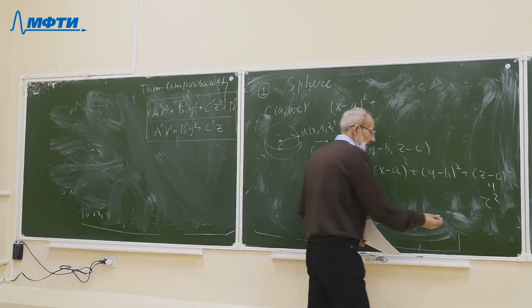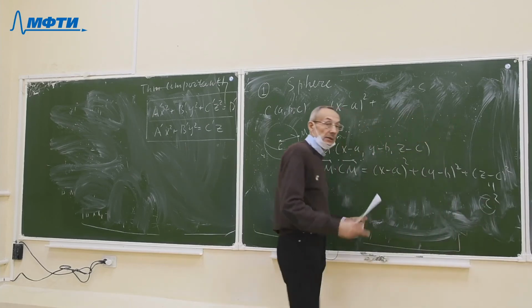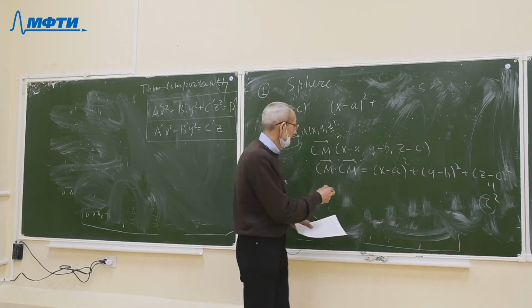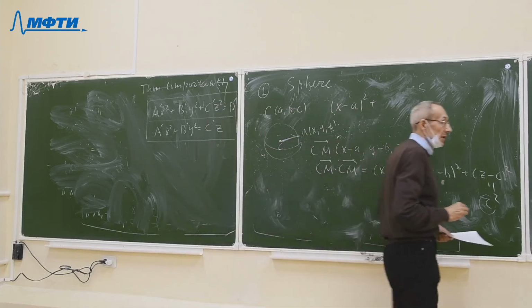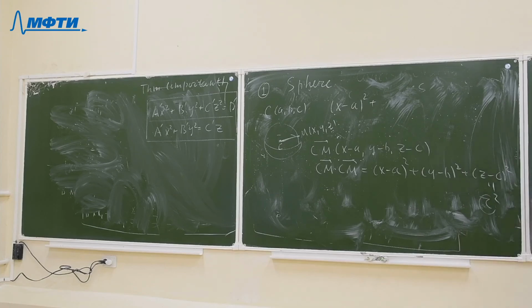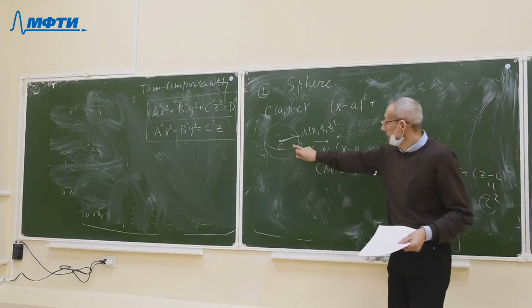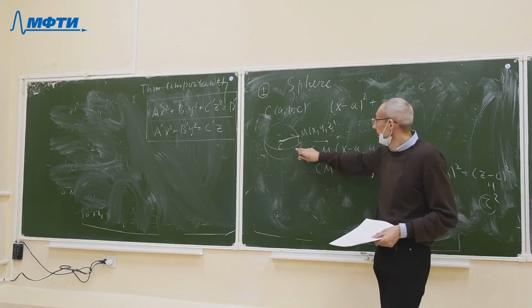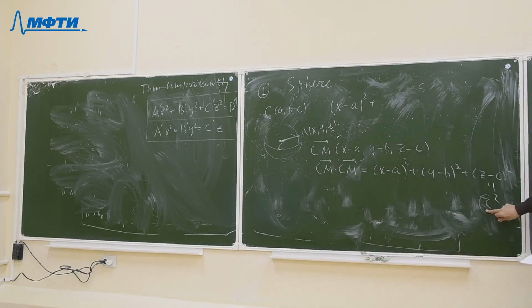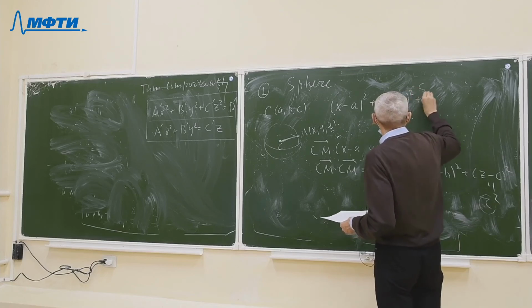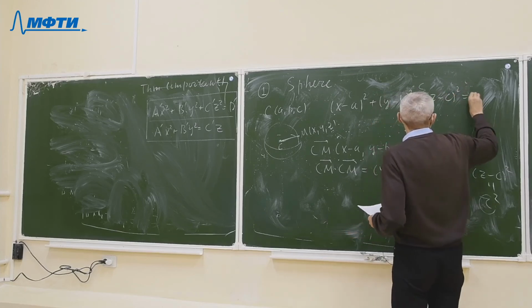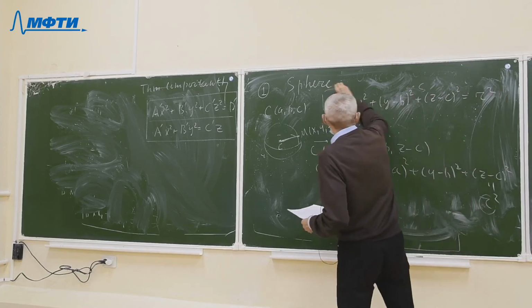The sense of this constant is the length of this vector, exactly the distance between an arbitrary point of the sphere and the fixed point C. This constant r is called the radius of the sphere, and we obtain the following equation of the sphere: it is equal to r squared.